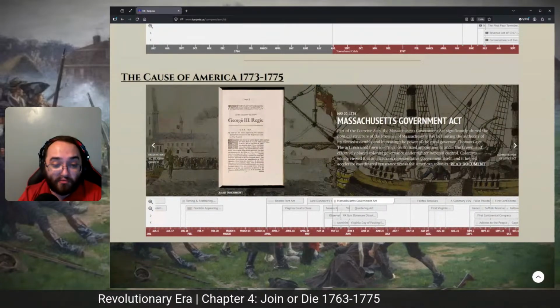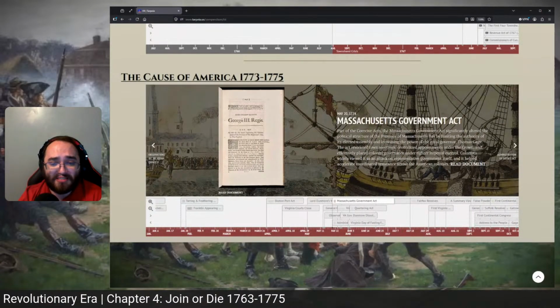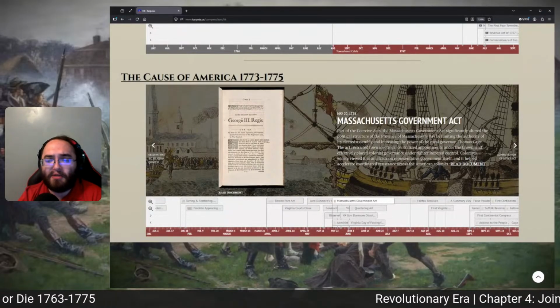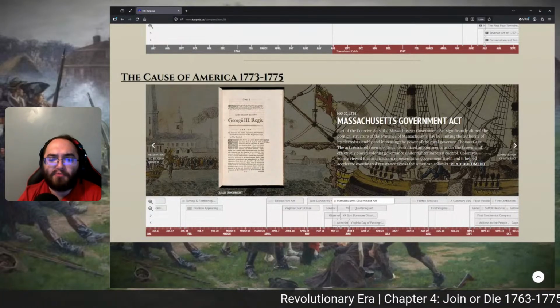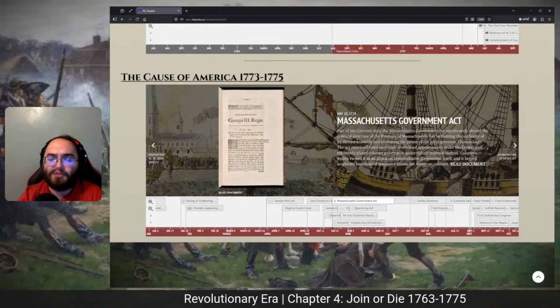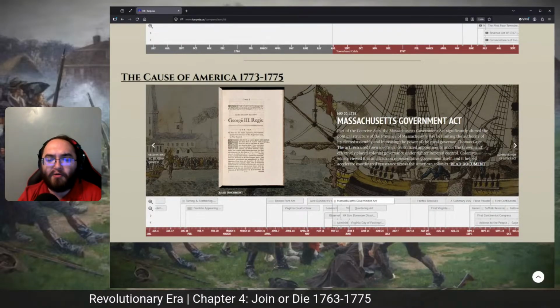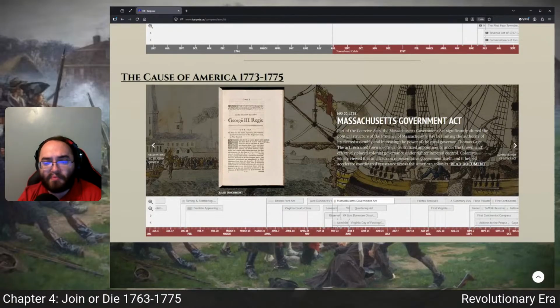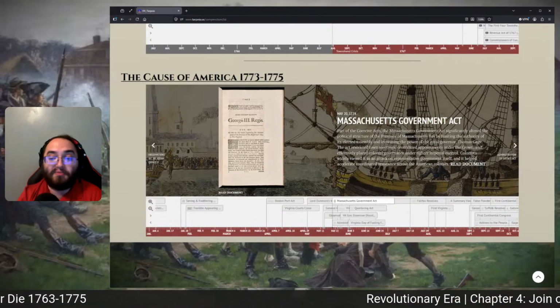Now you have another coercive act called the Massachusetts Government Act. As part of the Coercive Acts, the Massachusetts Government Act significantly altered the political structure of the province of Massachusetts Bay by limiting the authority of its elected assembly and increasing the power of the royal governor, Thomas Gage.